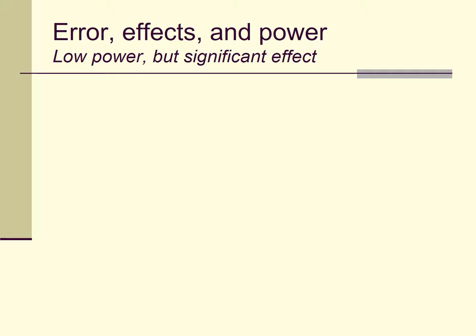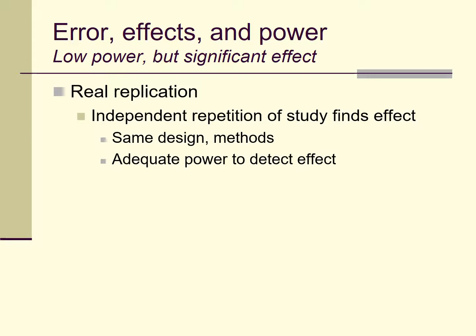Now, to be clear, replication is not a bad thing, but what I think many authors these days would like is something more akin to real replication or direct replication.